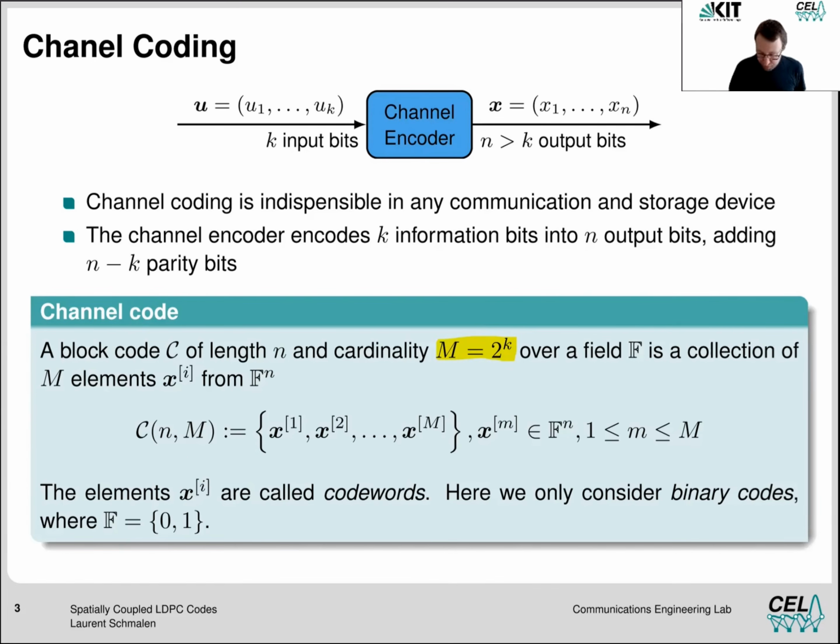So it's a collection that contains m vectors x1, x2, up to xm from a field. And in this lecture, we are just focusing on the binary field, so GF(2). So the elements of the vectors are binary numbers, and they are of length n. That's the definition of a code. The channel encoder then does nothing else than just indexing these different vectors and assigning to an input bit pattern a certain vector from our code. So that's the block code.